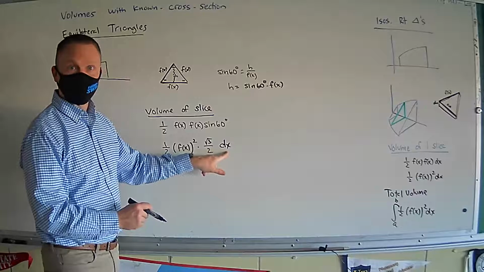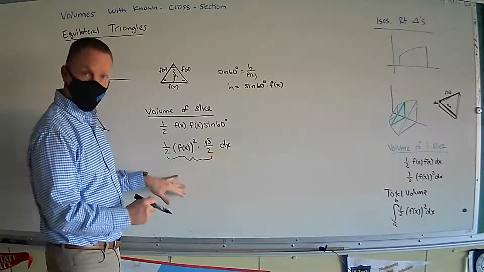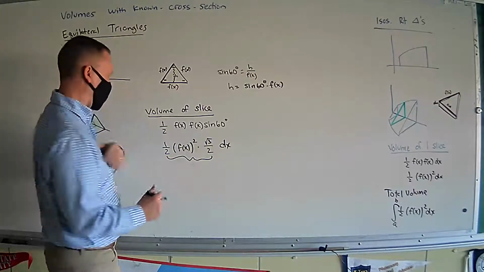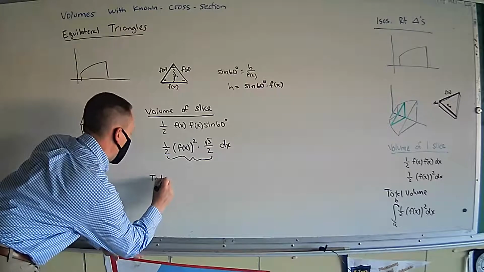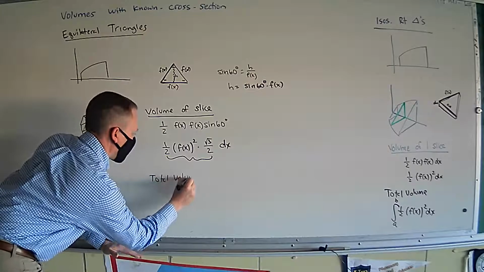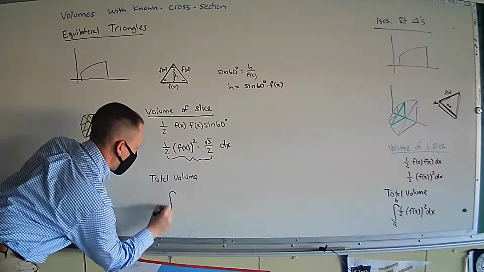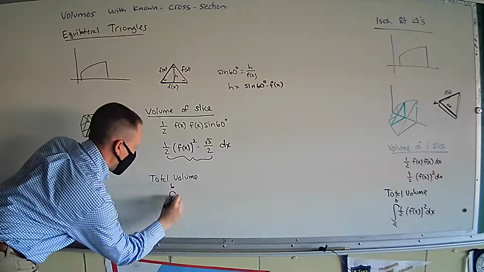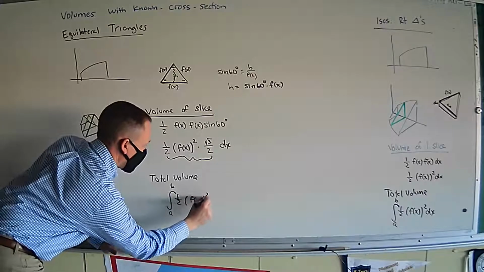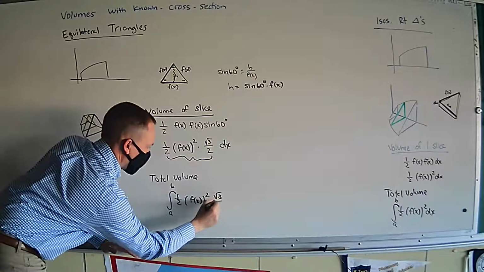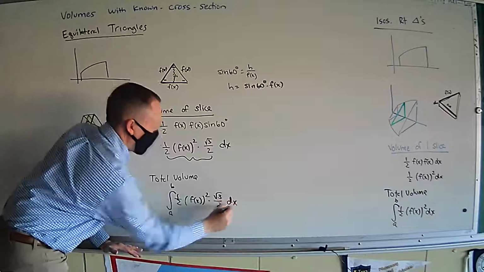This is the thickness of it. So that makes a volume, because area times thickness is volume, right? So now add up all the pieces to get the total volume. What's it going to be? So 1/2 f of x squared times radical 3 over 2 dx.